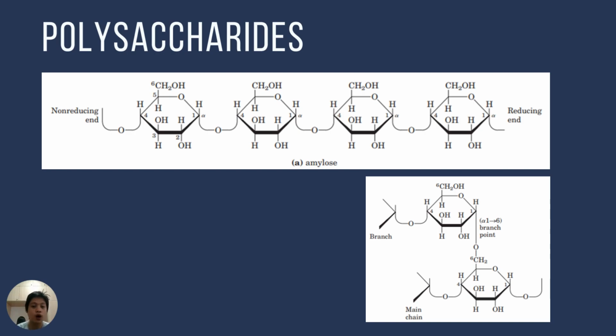Okay, so that's how branching occurs. And because carbon number 6 of the first sugar from the main chain is already in a different plane, by forming an ether bond with carbon number 1 of the next sugar, the orientation shifts, and there is already formation of a branch which is found in a different plane. And that's how branching occurs in polysaccharides.